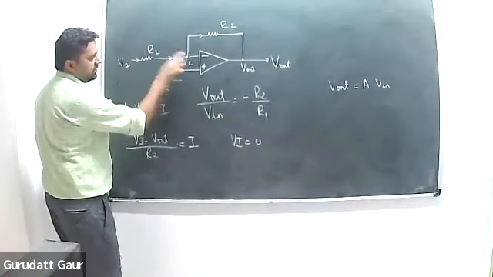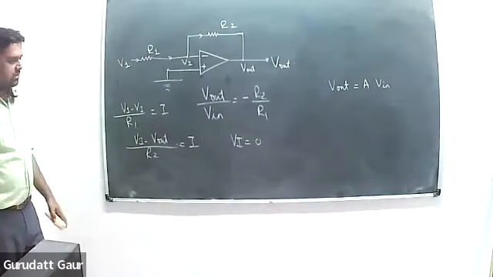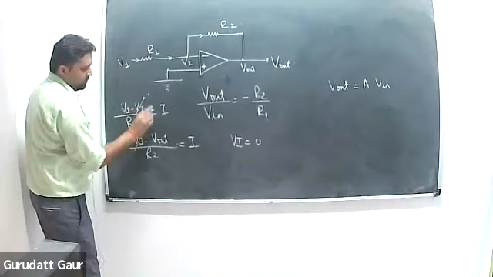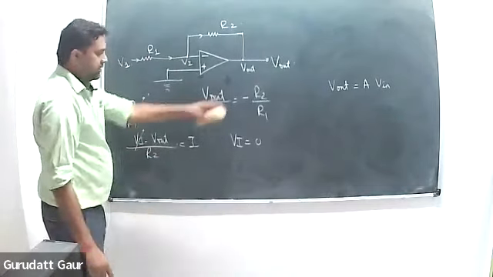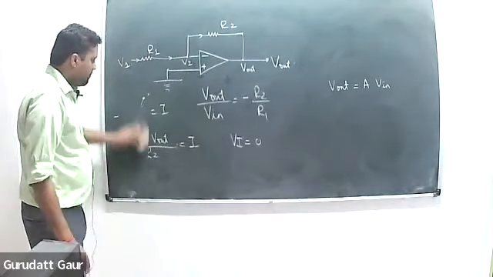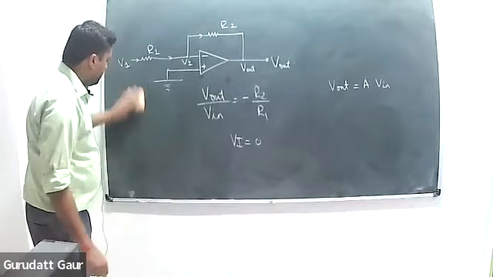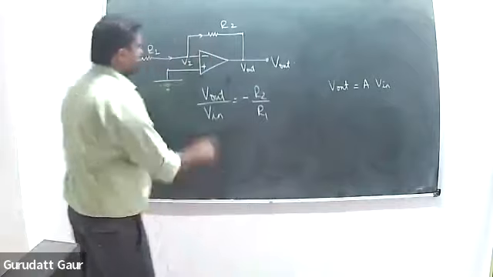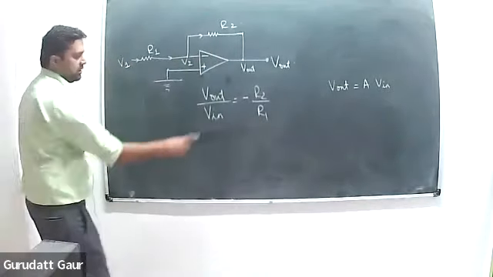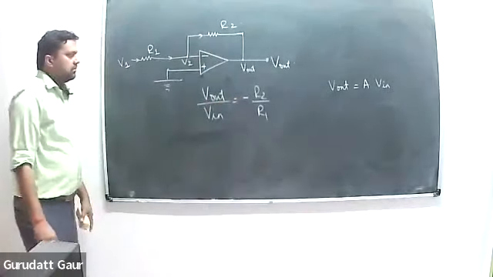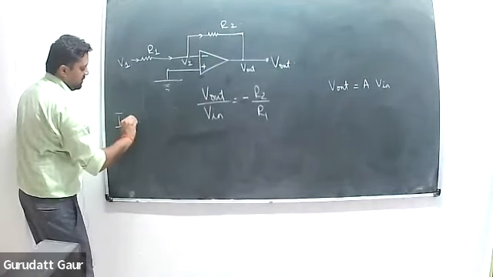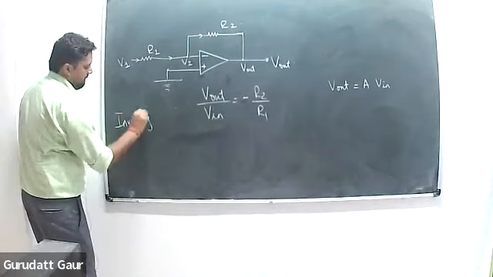So this is grounded, so this is also ground. So VI will be 0. This will be 0. You can put both of them equal. You will get this formula. And with this, you can control the gain. So that's the inverting amplifier. Inverting because of this minus. So this is an example of an inverting amplifier.